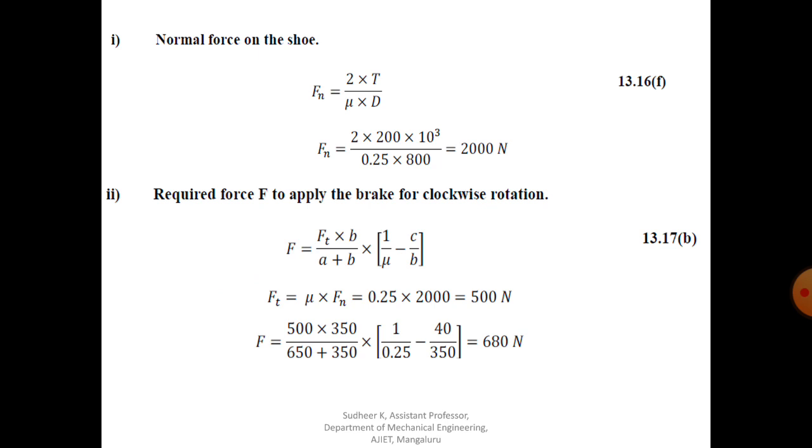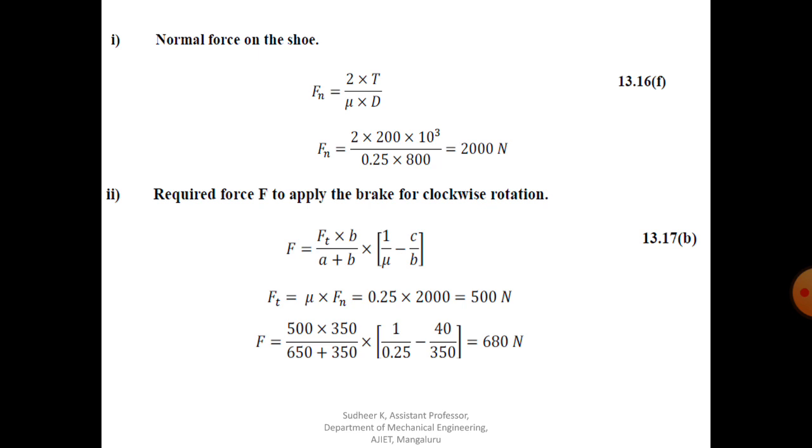So Ft value, Ft is always mu into Fn. Ft value you can calculate: 0.25 into 2000, so you will get 500. That is nothing but the tangential force. Now the required force for clockwise rotation you can calculate with the help of equation 13.17b: Ft into B divided by A plus B. A value is 650, B value is 350, into 1 divided by mu, 0.25, minus C by B, 40 divided by 350.